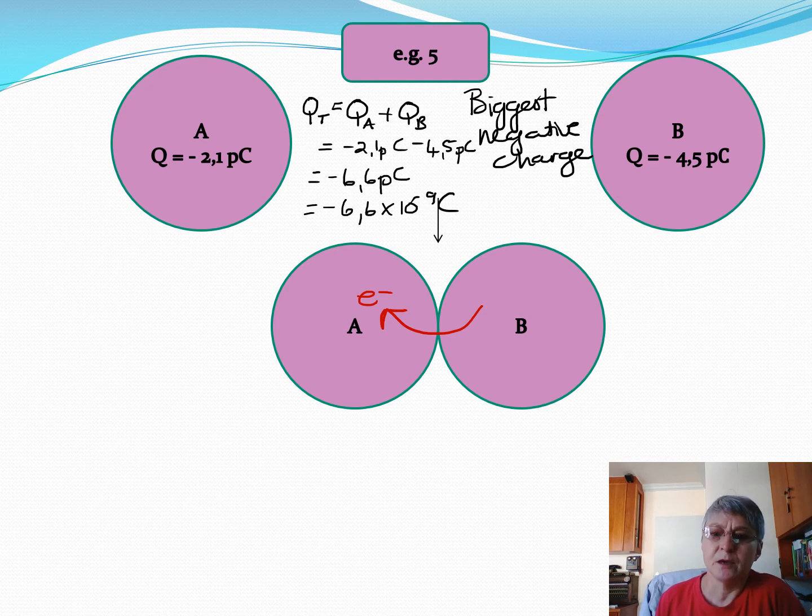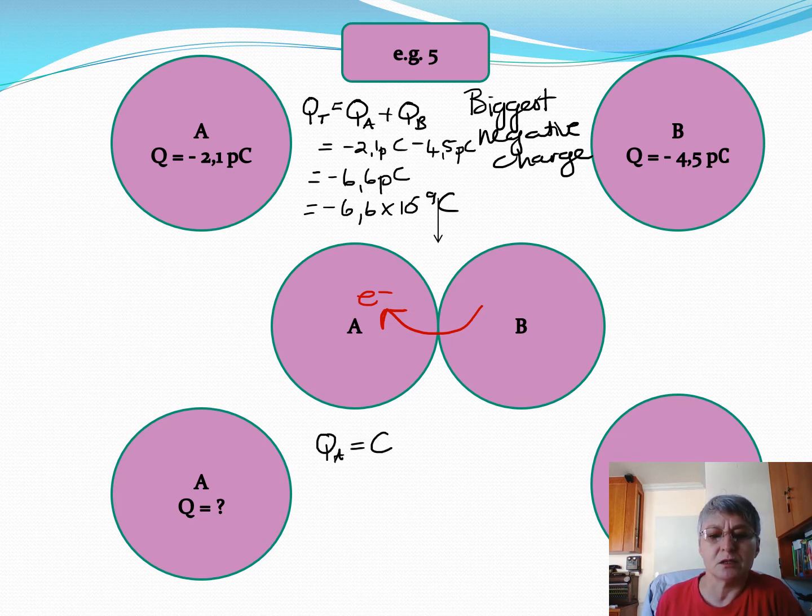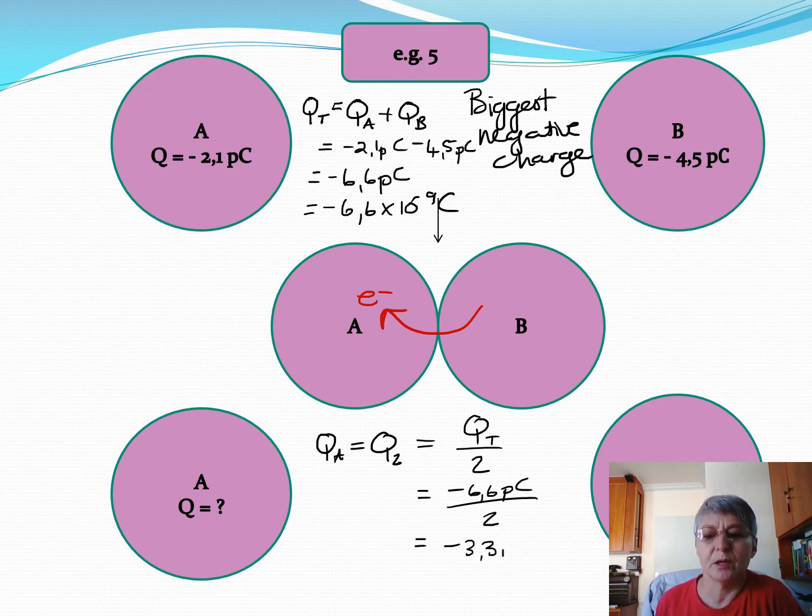Next question is, while they're in contact, the electrons have flowed from B to A, so charge has been transferred. What is the charge on each of the objects after they've been separated? So the charge on A would be the same as the charge on B, and that is the total charge divided by 2. So it is the negative 6.6 picocoulomb divided by 2. That brings us to negative 3.3 picocoulomb on each of the objects.